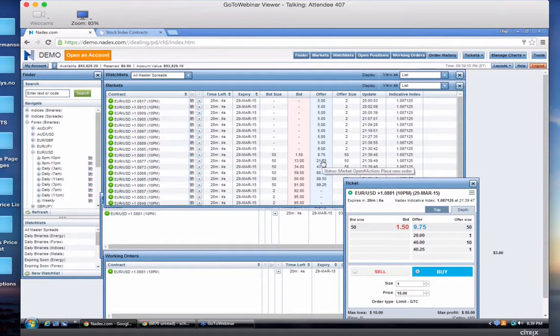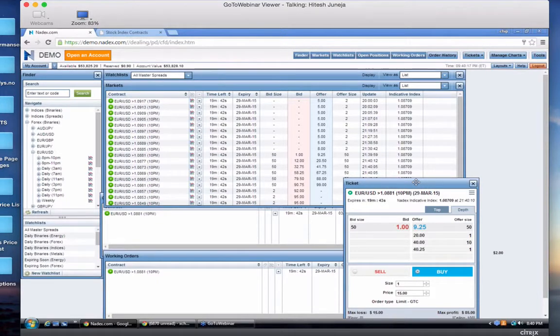So it just depends on your risk profile, how you like to do it. Okay, but all these could be a possibility. And obviously these three right here are in the money because they're greater than 50.